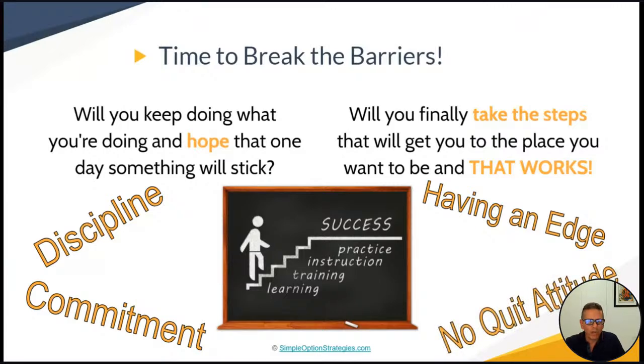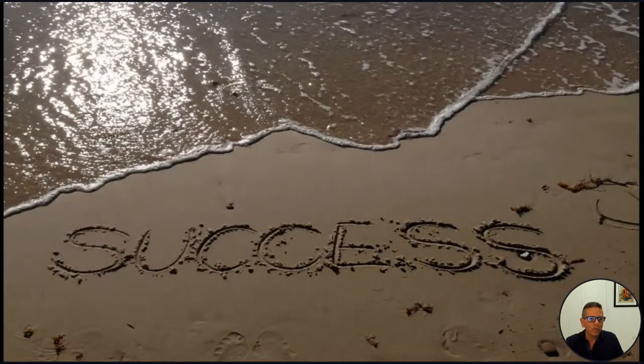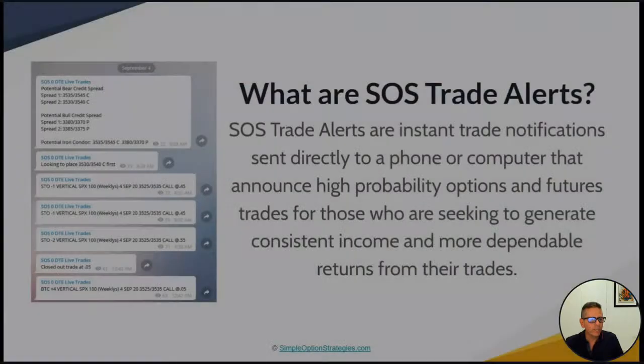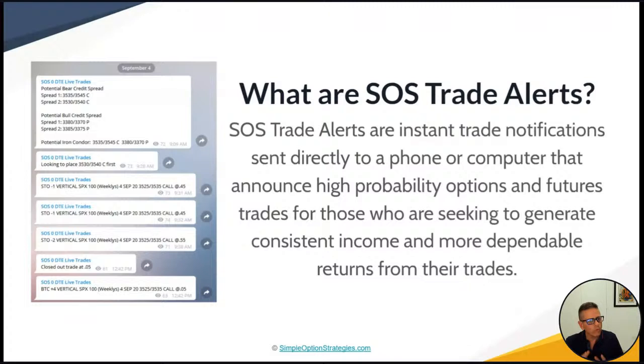And a no-quit attitude will get you to success. I can tell you now that as a trader, I make money every single month. There's not a month that goes by that I lose money. That's really important to develop that consistency. And that consistency comes from discipline, sticking to your trade plan and doing what works, and not trying things outside of that realm.